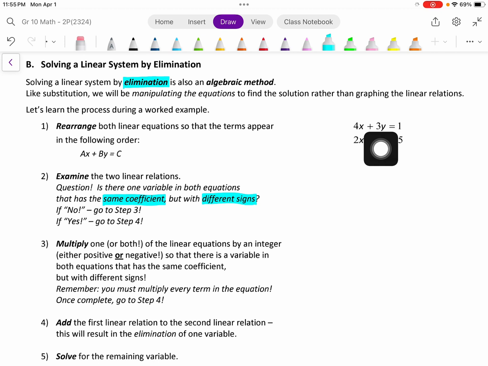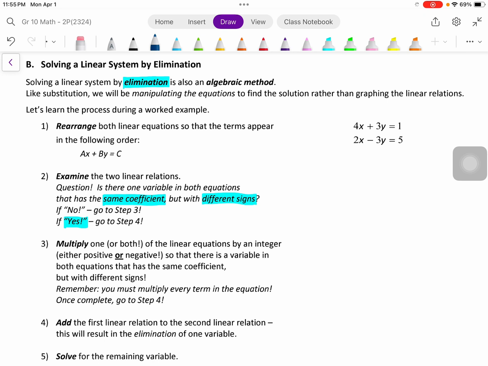Here we have a positive 3 and a negative 3 for the y. So in front of our variable y, we do have the same coefficient, 3, with different signs. This one is being added and this one is being subtracted. So in this case, yes, we do. So we're going to go to step 4.